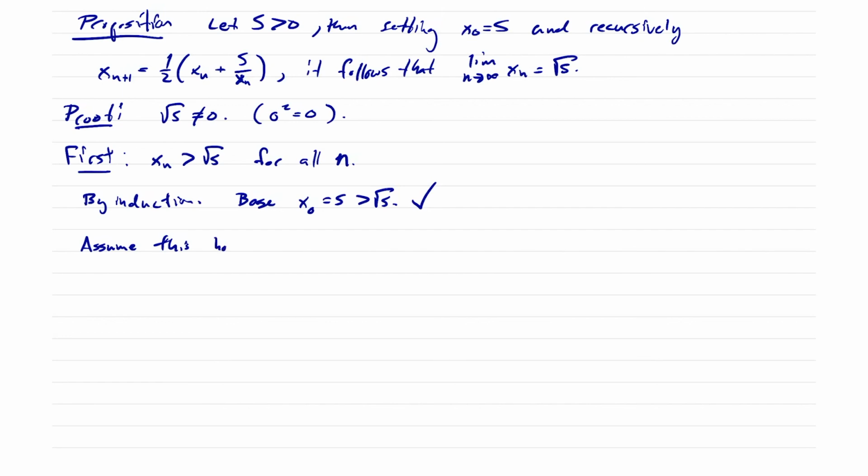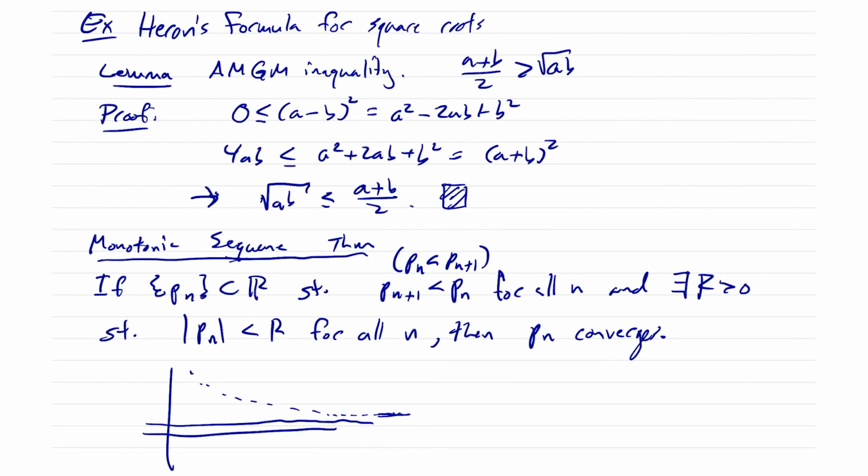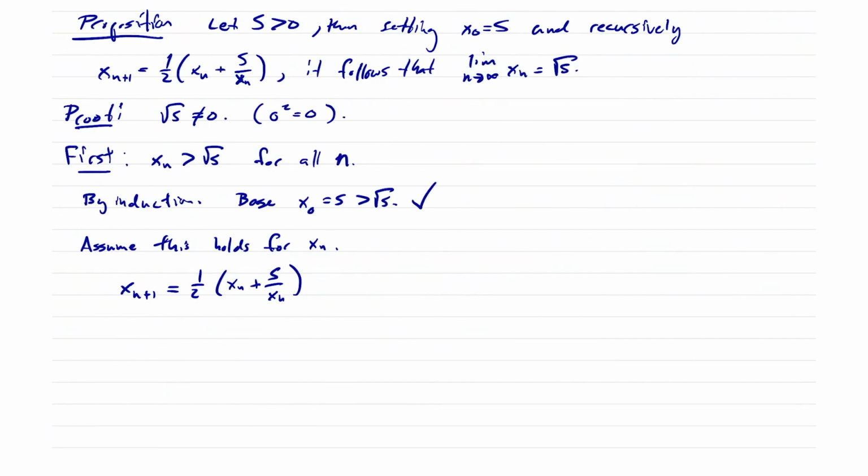All right, so then assume this holds for xn, and that will show it works for xn plus 1. We have that xn plus 1 is equal to 1/2 of xn plus s over xn. Now we're going to use the AM-GM inequality, replacing this average with the lower bound of the square root of a times b.